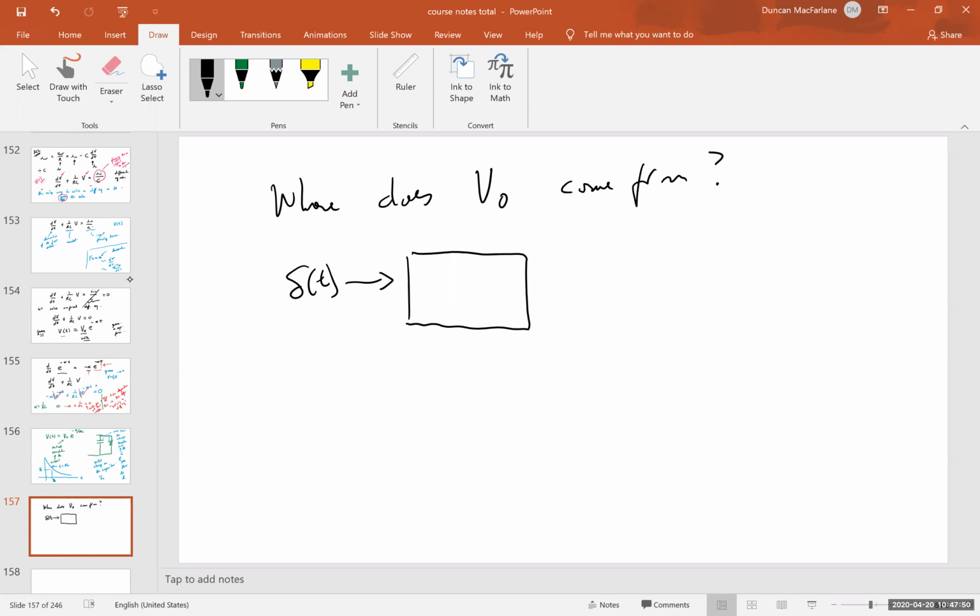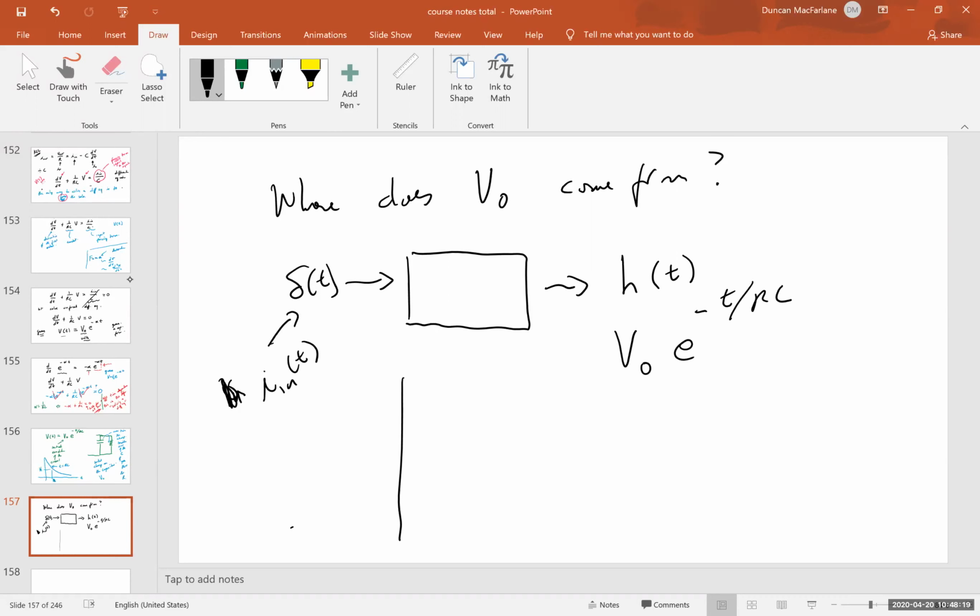So a delta function as the forcing term. So if I put an I in, it's a short, sharp delta function. Out comes the response that's V naught e to the minus t over RC.